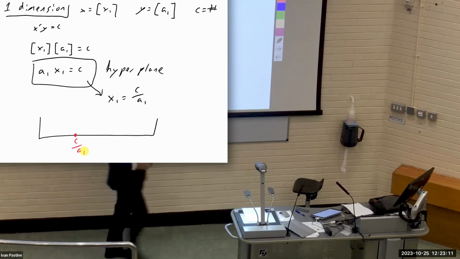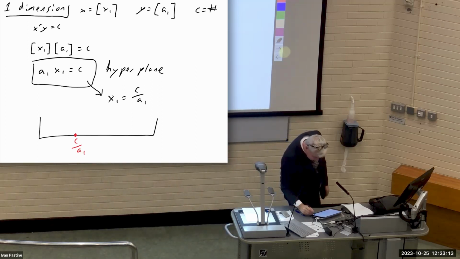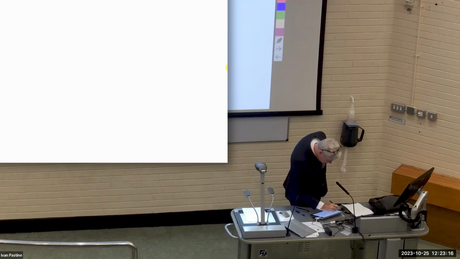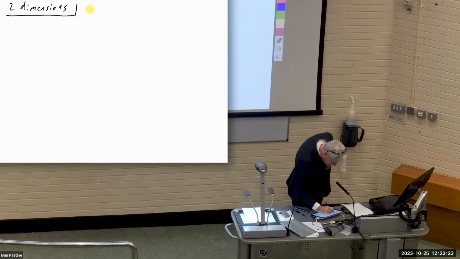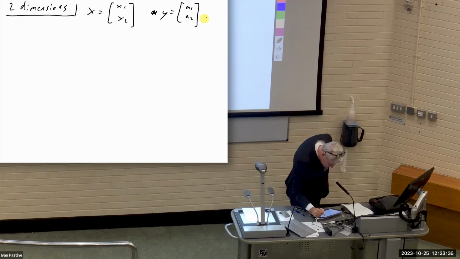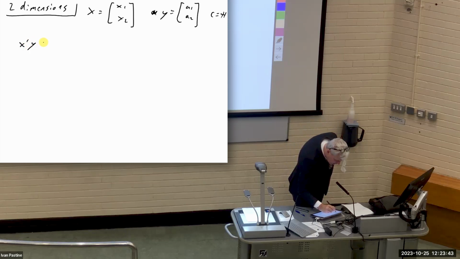Okay? Let's do it with 2 dimensions. Right. x is equal to x1, x2. y is equal to a1, a2, and c is, again, just a number. And so we get x transpose y is equal to c.